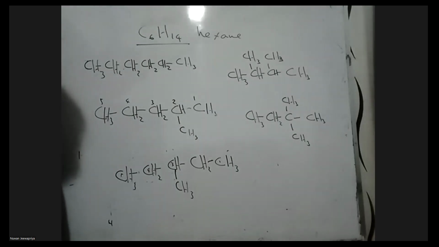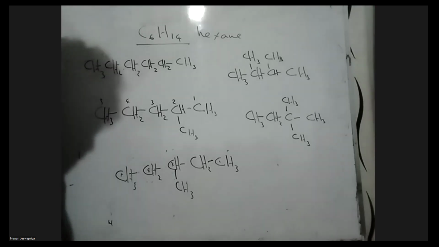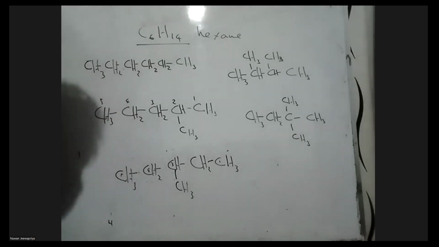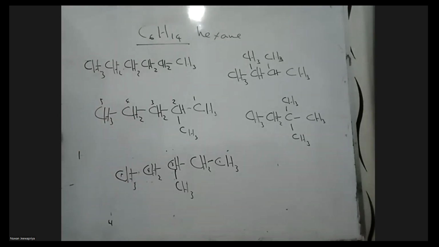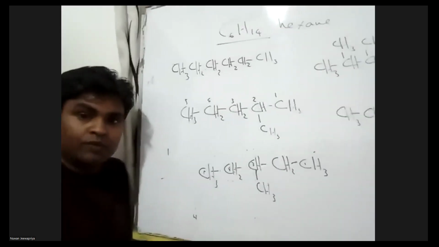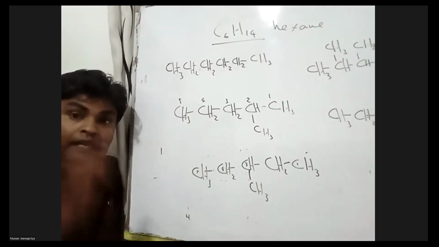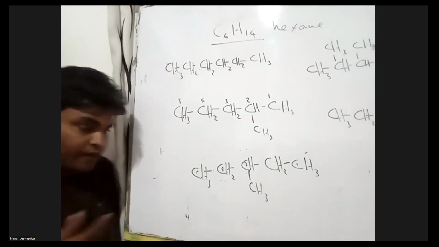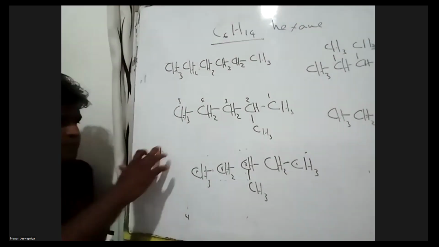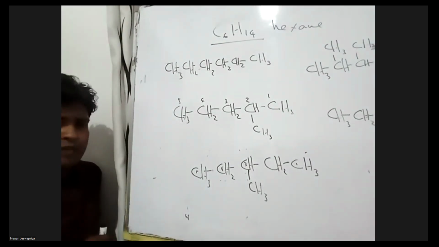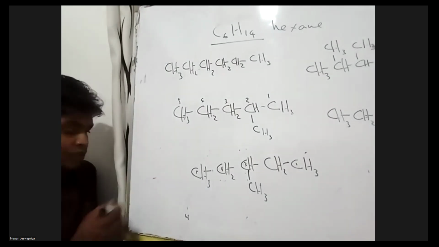Right, so then how can I find the maximum number of isomers that can be drawn? Now I will teach you an easy trick to identify whether there is another isomer or not.